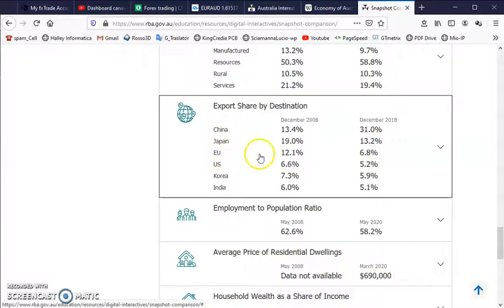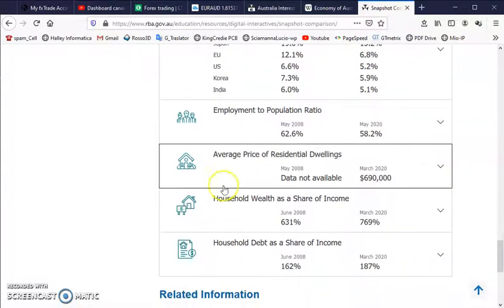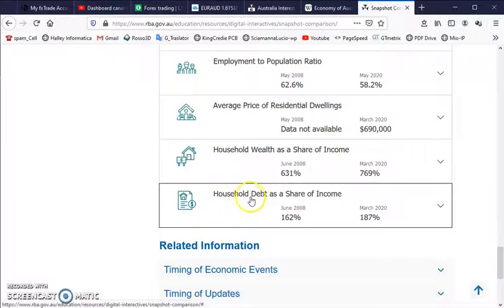Europe diminished by 50%. US is near the same. Korea less, and India less. And we can see other information, that household debt as a share of income increased by near 10%.